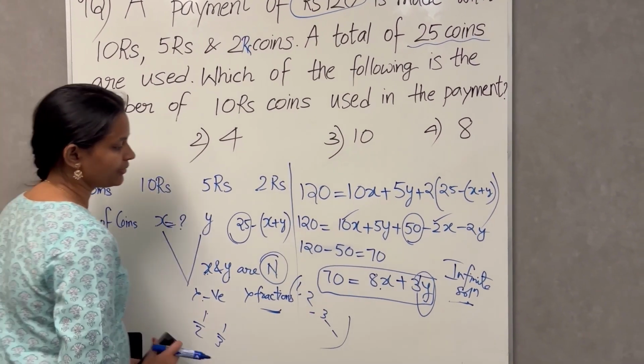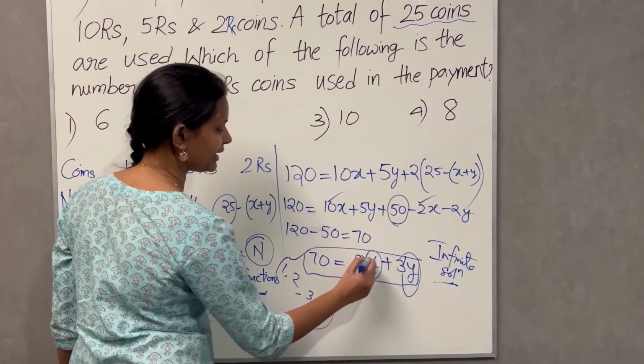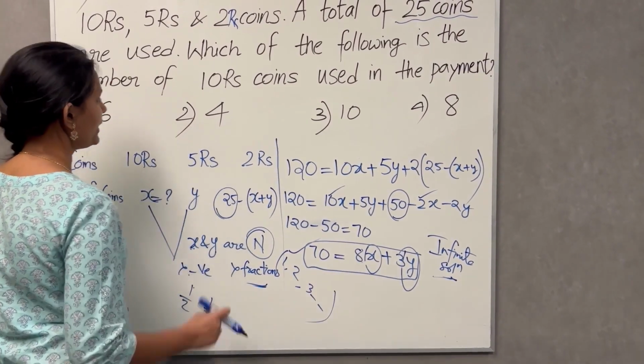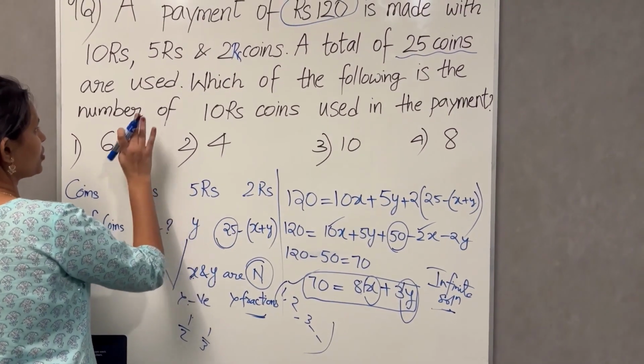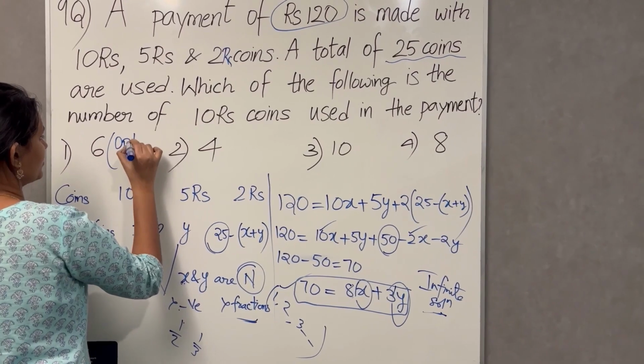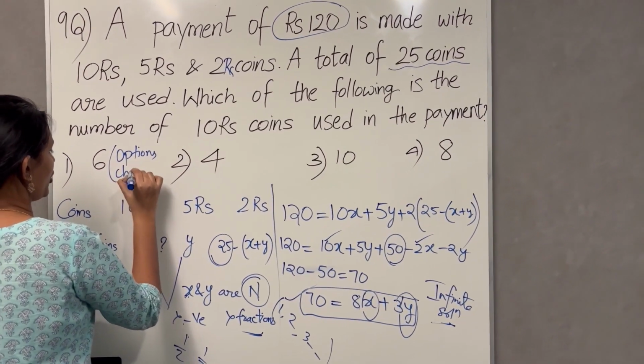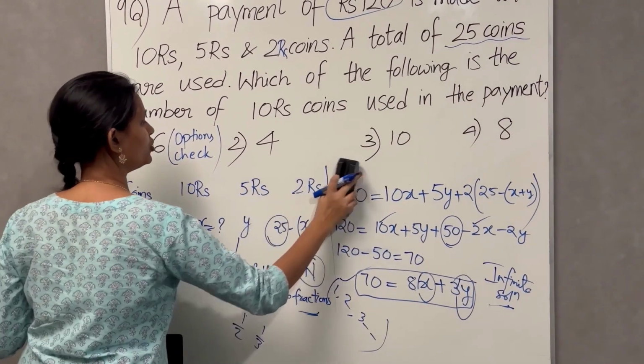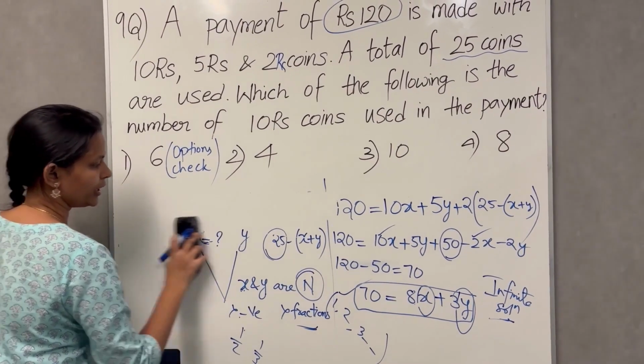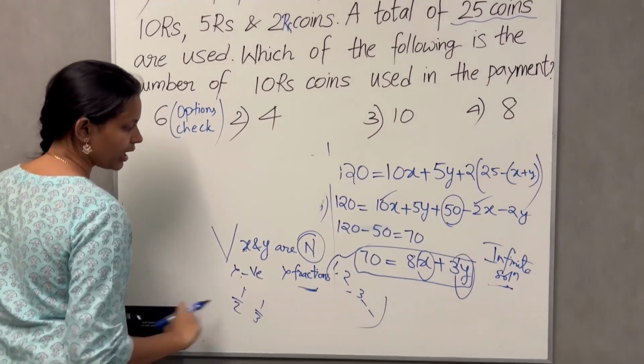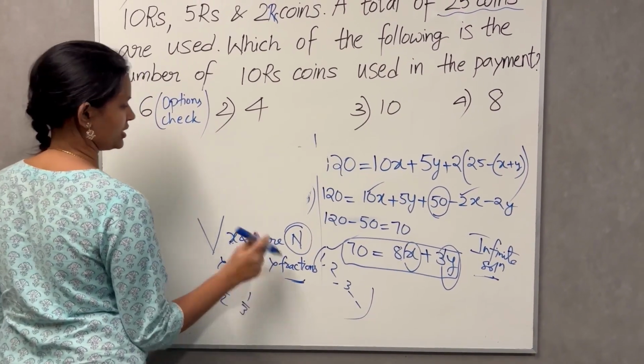So how do we solve this equation? We need to find the x value, which can be found by options checking. So this question is purely options checking. How do we check these options? We need to remember that x and y are natural numbers, not negative and not fractions.